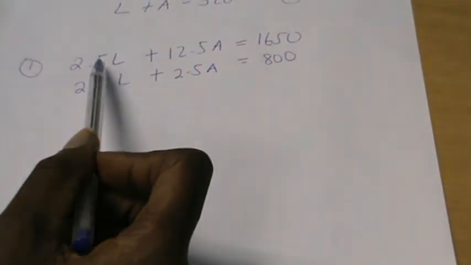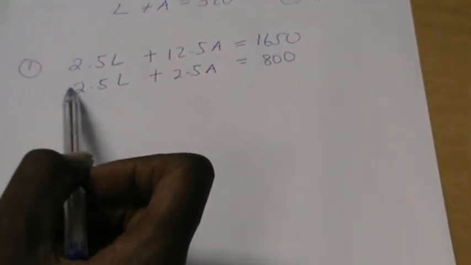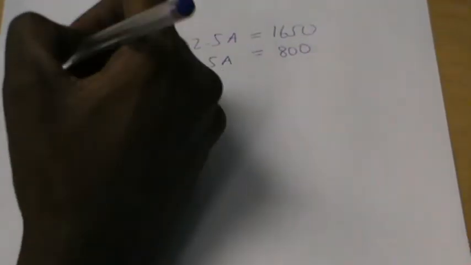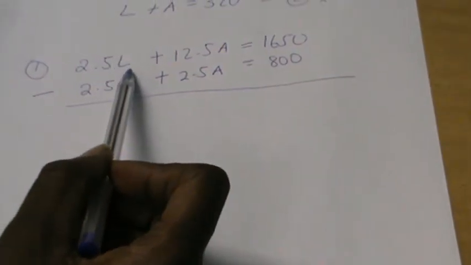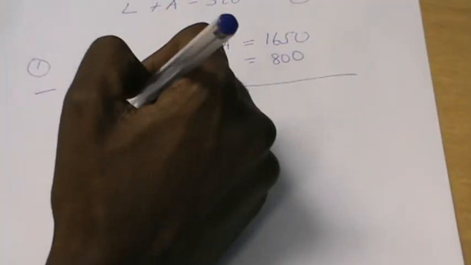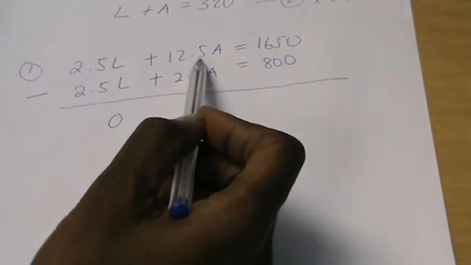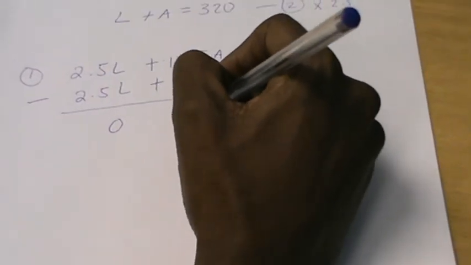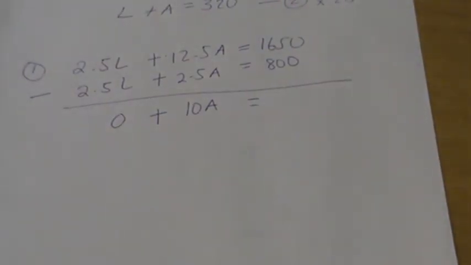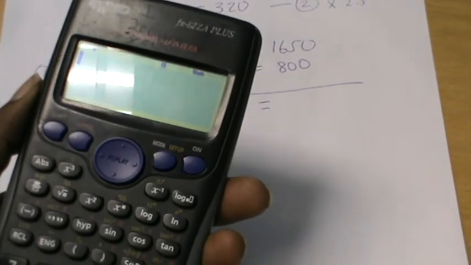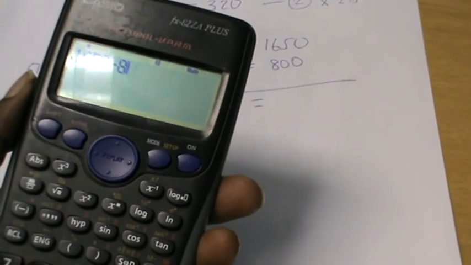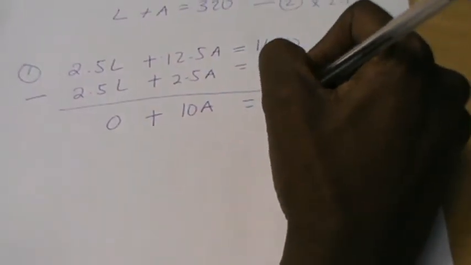Then I look at my coefficients. They are the same, and the signs are also the same, so I'm going to subtract. 2.5L minus 2.5L is 0. Then 12.5A minus 2.5A is 10A. Then 1650 minus 800 is 850.